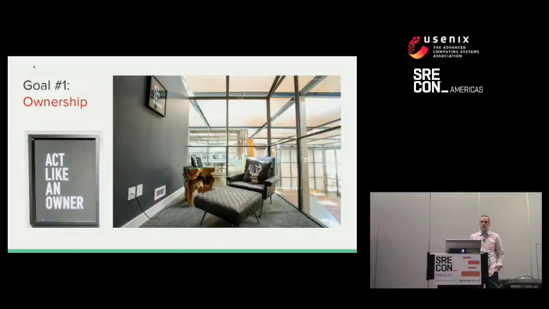So the first goal, ownership. One of Shopify's corporate mottos or values is act like an owner. The company actually has very little corporate structure or corporate rules. There's this one overriding rule: when you have to make a decision, if you were the owner of the company, 100% invested in the future of the company, what would you do? Okay, do that.